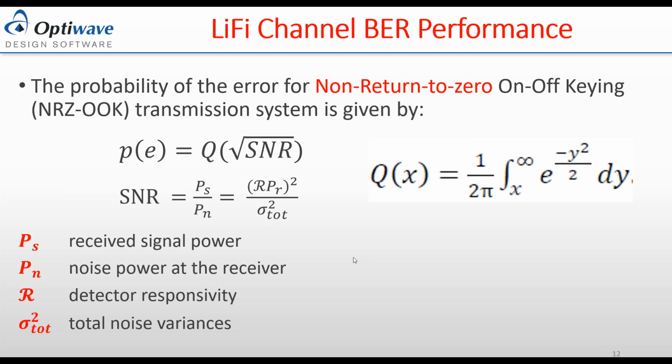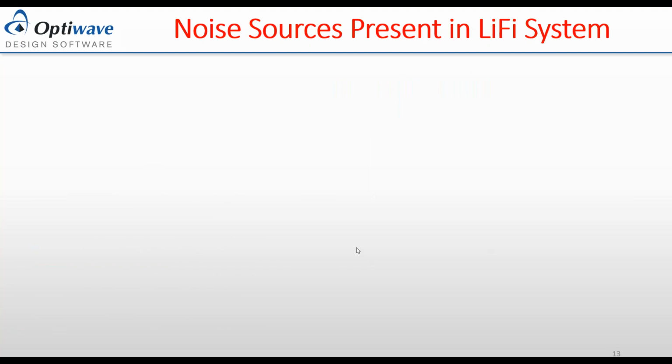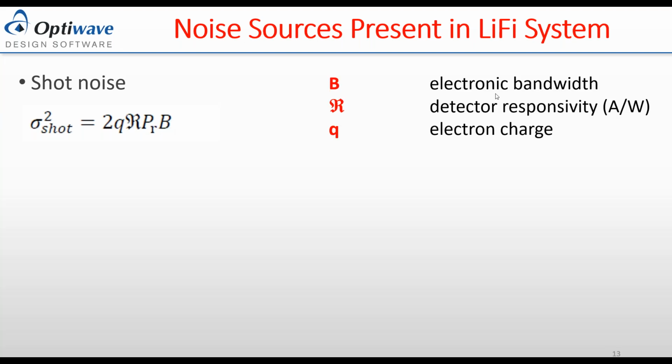Okay, so the noise sources. The first type of noise source is the shot noise, which is related to the current produced at the receiver, and this is the formula for the shot noise, which is related to the charge of the electrons, the responsivity of the detector and the received power, and B is the electrical bandwidth.